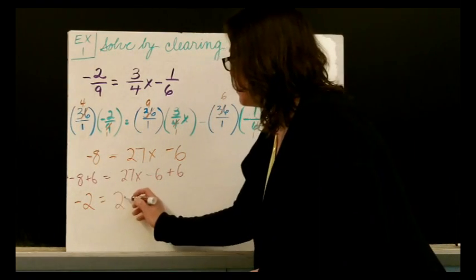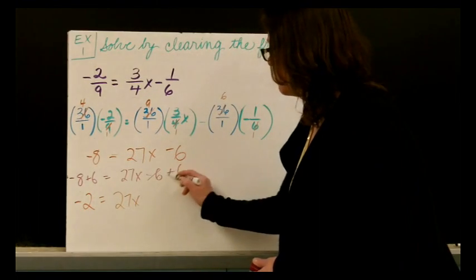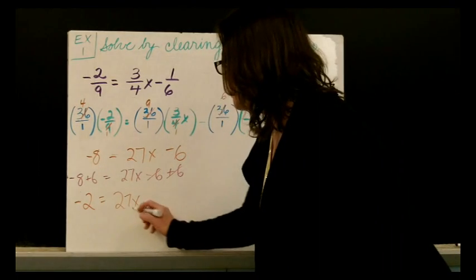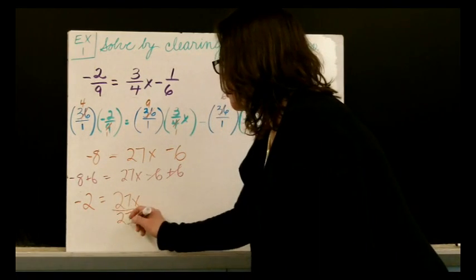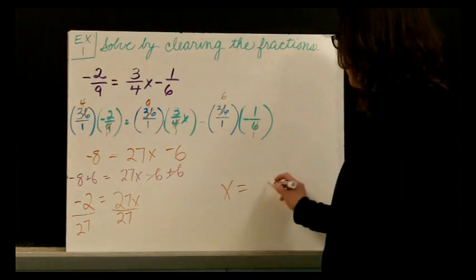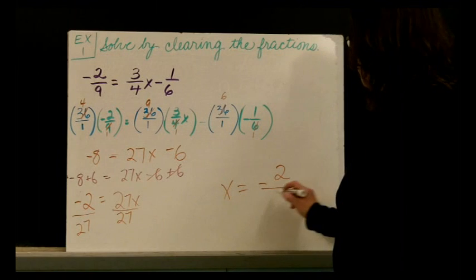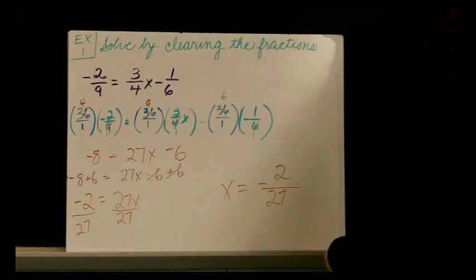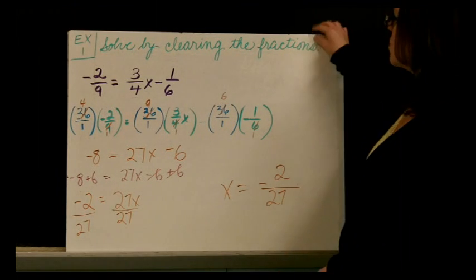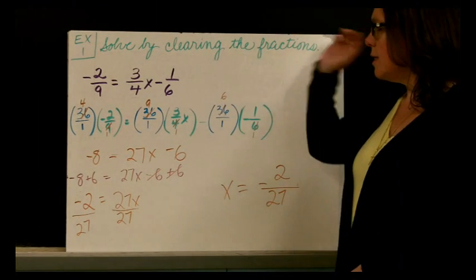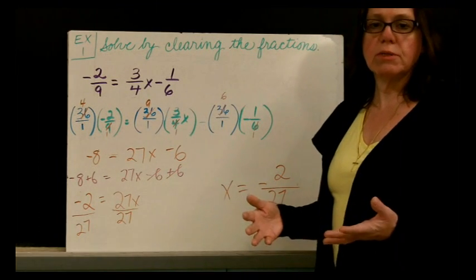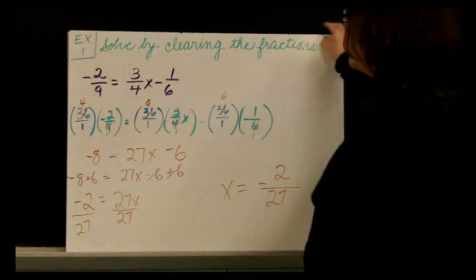This leaves us with 27x, because the negative 6 and the positive 6 together make a 0. And then when you divide both sides by the coefficient 27, you get a final answer of x equaling negative 2 over 27. And that's our final answer. And I just want you to understand that though we used an equation in this example, you would follow the same steps for solving inequalities that have rational numbers.